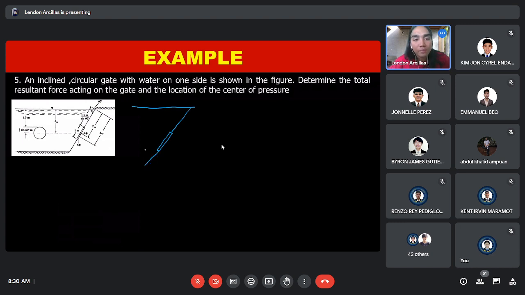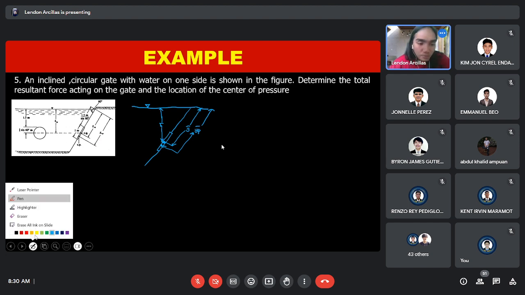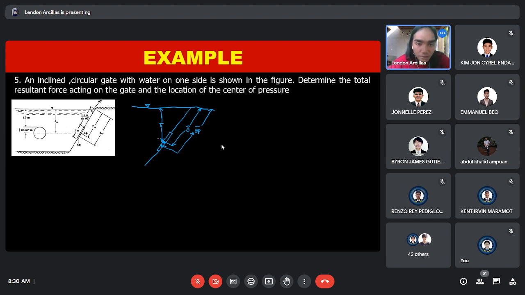Okay. This point here is the centroid. This is Y bar. This is the center of pressure, YP. And this is the H bar. This is CG.